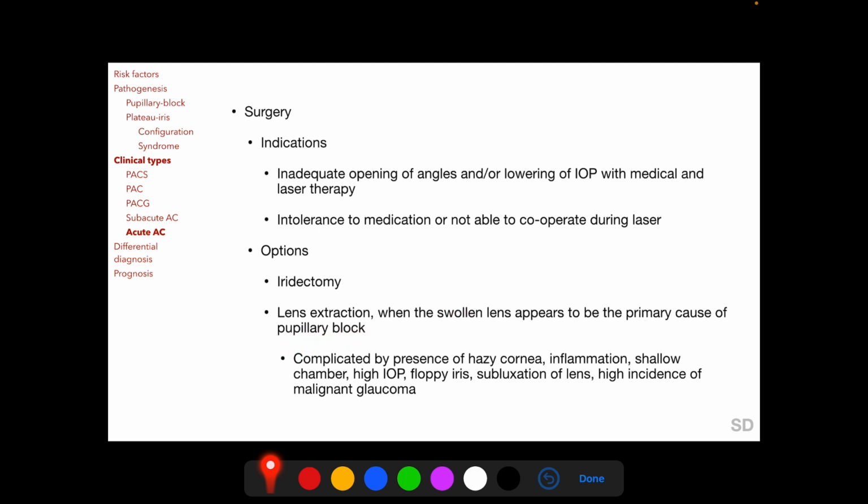But this procedure can be complicated by presence of hazy cornea, inflammation, shallow chamber, high intraocular pressure, floppy iris, subluxation of lens, and high incidence of malignant glaucoma when lens extraction is attempted in a patient having an acute primary angle closure attack. And malignant glaucoma has even been reported following LPI.